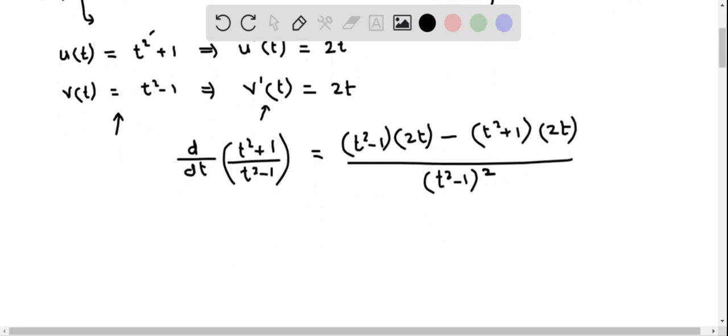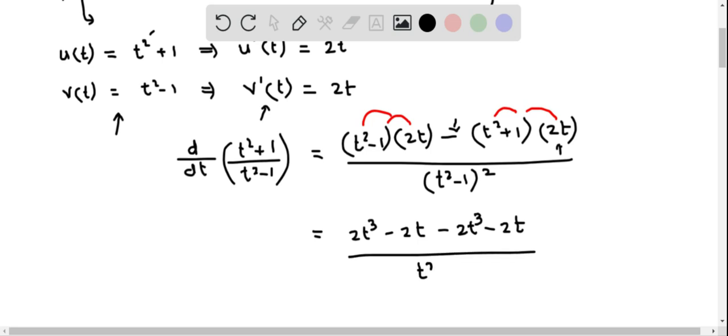Now let's get this simplified. I'm going to distribute this 2t into the two terms inside the brackets, and similarly this 2t into the two terms inside the bracket. So when I do that, t squared times 2t is 2t cubed, and then minus 1 times 2t is minus 2t. Here we have a minus, so this is basically negative 2t cubed, and then negative 2t times plus 1 is negative 2t, and this is all over (t squared minus 1) quantity squared.